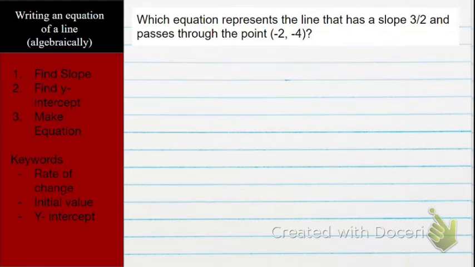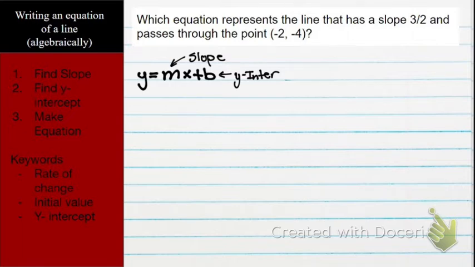But just to give you some background about this information, we're writing our equation in y equals mx plus b format. Since we're writing in y equals mx plus b, we're just going to label a couple of things. We know that m is our slope. We know that b is our y-intercept. The 2 new things that we have to know now deal with the x and the y.